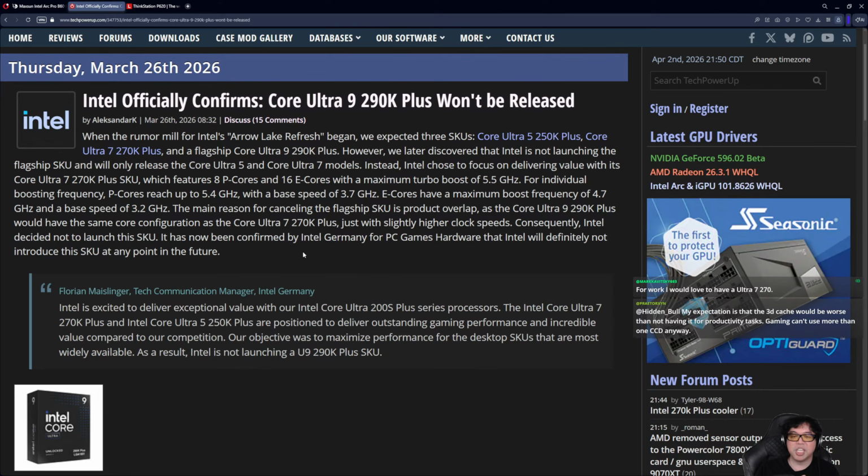You have X3D options if you're into gaming. You have non-X3D options if you literally don't care about gaming. And what they found is that X3D also benefits productivity. That's the main reason why AMD is releasing that 9950 X3D 2 later this month, which we will probably be taking a look at because that seems like it'll be an interesting chip to overclock.